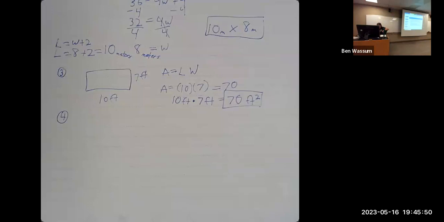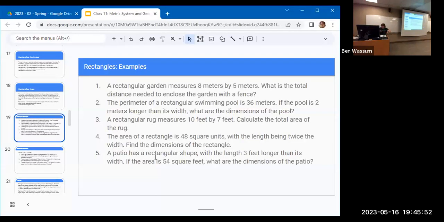Look at the next one. So this one is talking about just the area of a rectangle and square units. So we don't really have any units to speak of. We don't have feet, inches, whatever. It's just units.